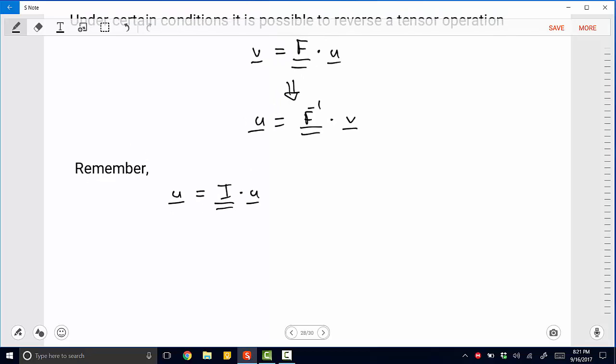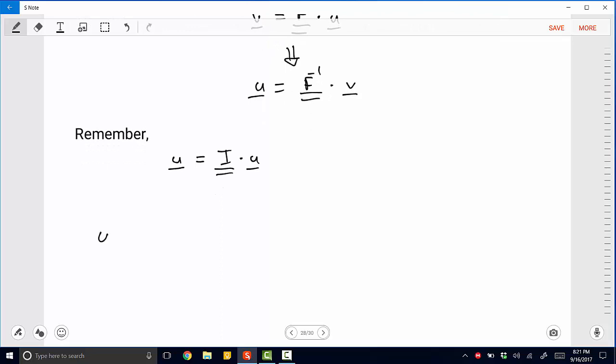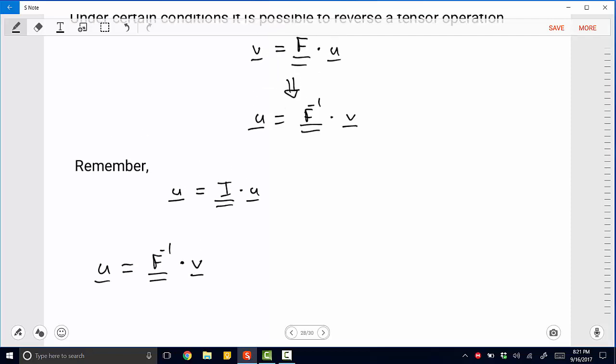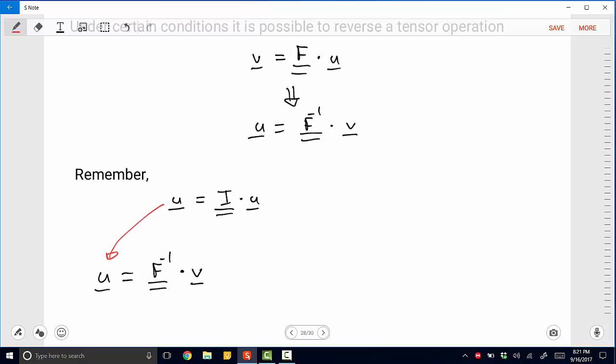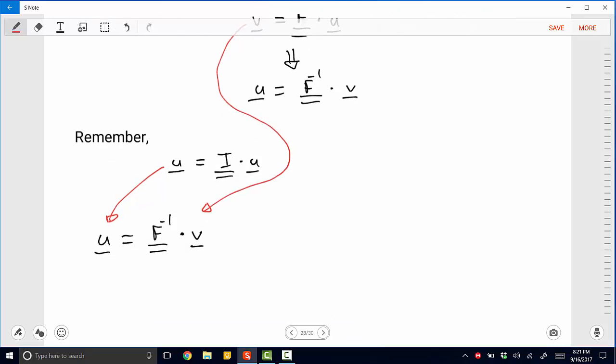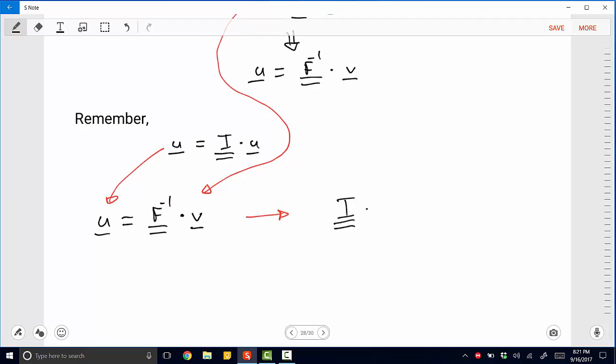Well, if we take our first equation of the idea of an invertible tensor, and we take this identity tensor, replacing that term on the left-hand side, and we take our original idea of this output vector and place it on the right-hand side, we can arrive at this relationship where our identity tensor dot product our input vector is equal to our inverted tensor dot product our tensor F dot product our input vector.